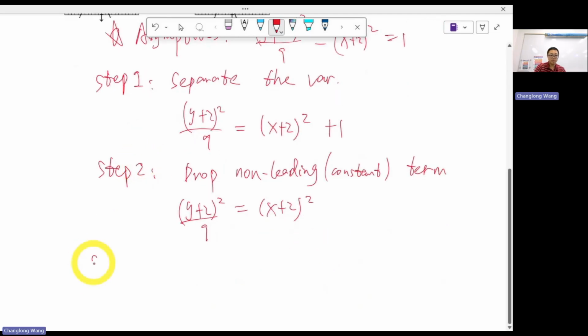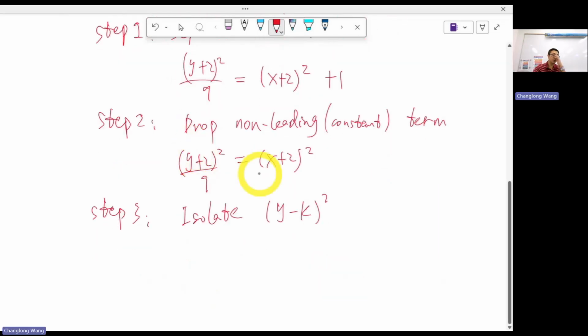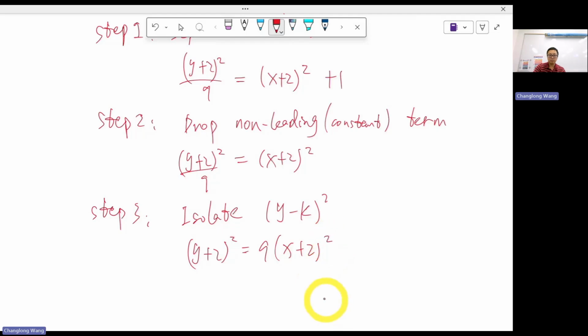Step number 3. So isolate the (y minus k) squared. Okay, so in this case, it will be my (y plus 2) squared. So it'll be (y plus 2) squared equals 9 times (x plus 2) squared, right?